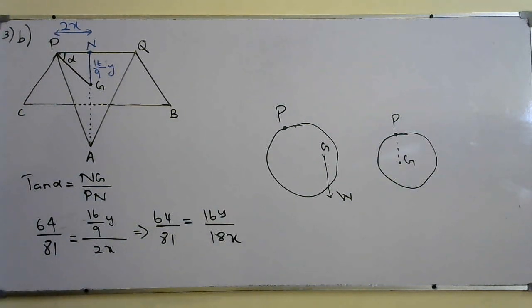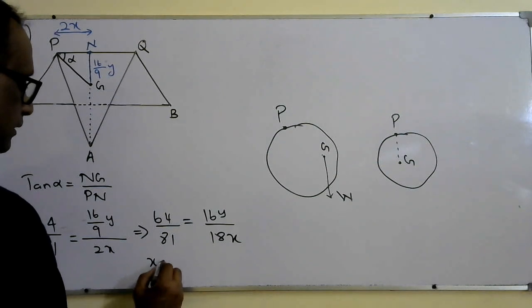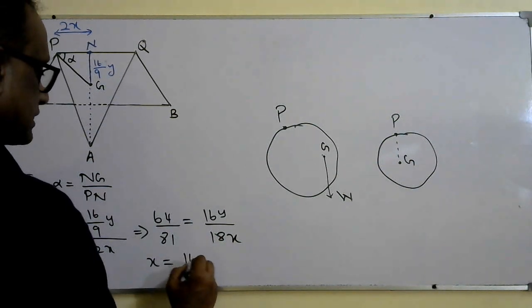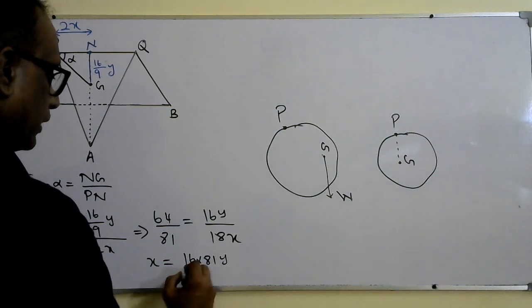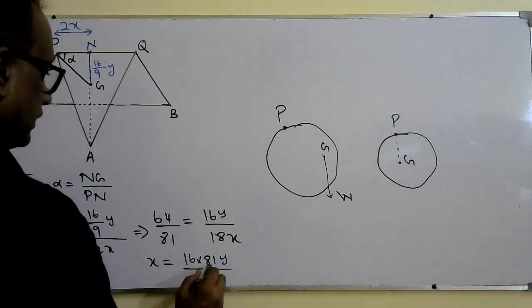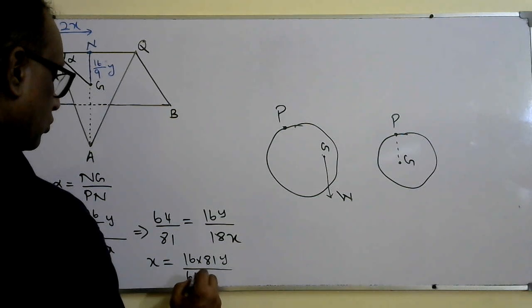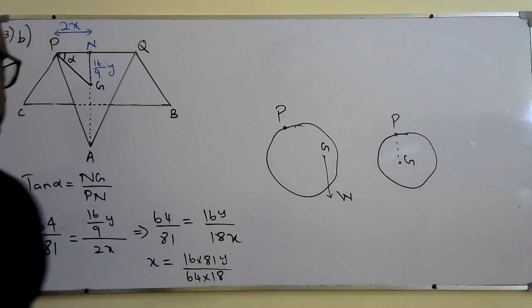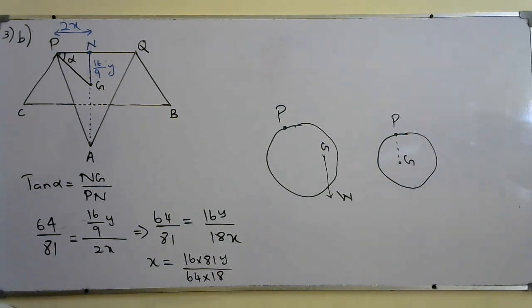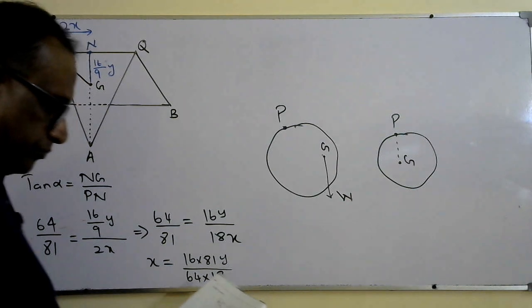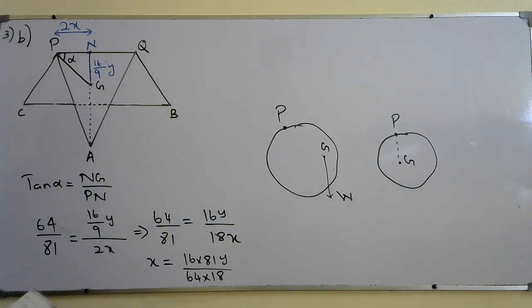So how much is x? Taking x as the subject, x is going to be 16 into 81y over 64 into 18, so it's going to be 9 over 8y.